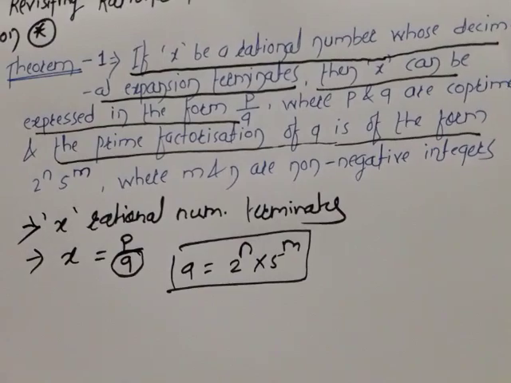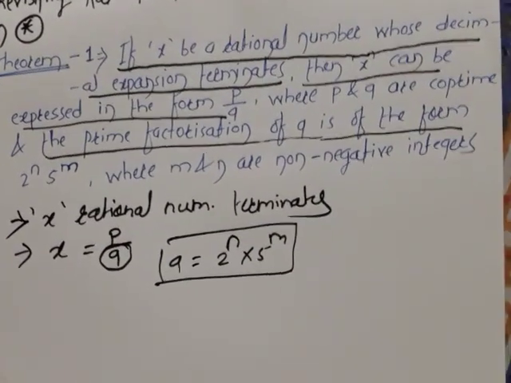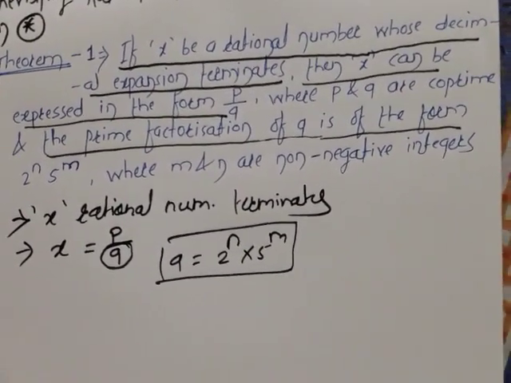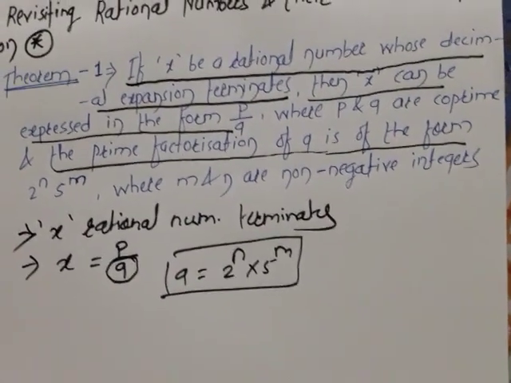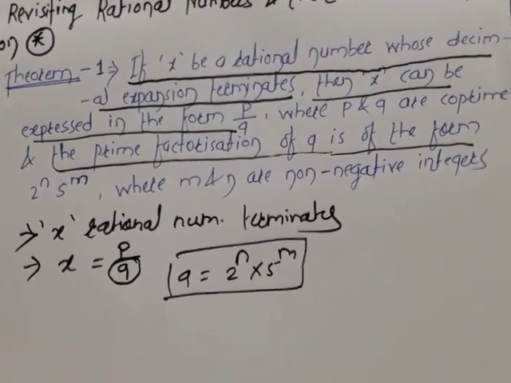What is meant by co-prime? You know that very well. Maximum common factor is 1. The prime factorization of q is in the form of 2 raised to n into 5 raised to m.